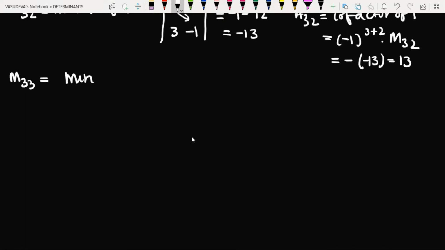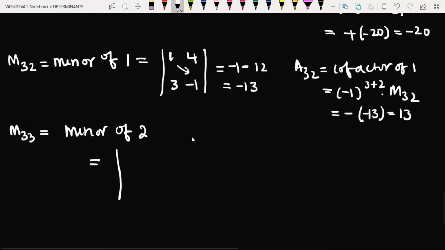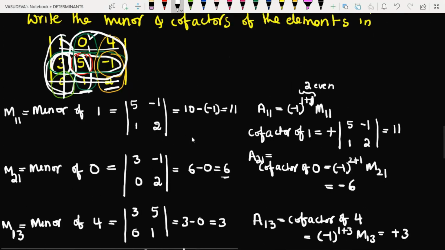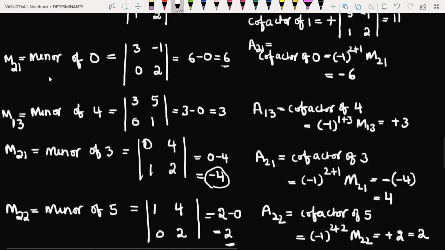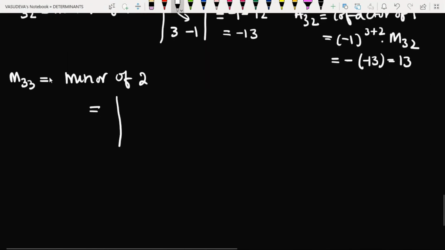The minor of 2 is equal to the determinant of the remaining elements, leaving the third row and third column: 1, 0, 3, 5. That is 5 minus 0, which is equal to 5.